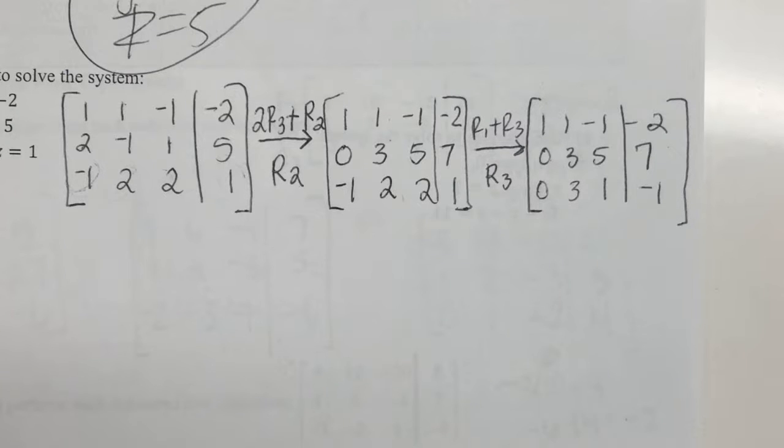Looking good. Yeah. You're just adding these numbers together. So 1 minus 1 is 0. 1 plus 2 is 3. Negative 1 plus 2 is 1. Negative 2 plus 1 is negative 1. What number do we need to change next?